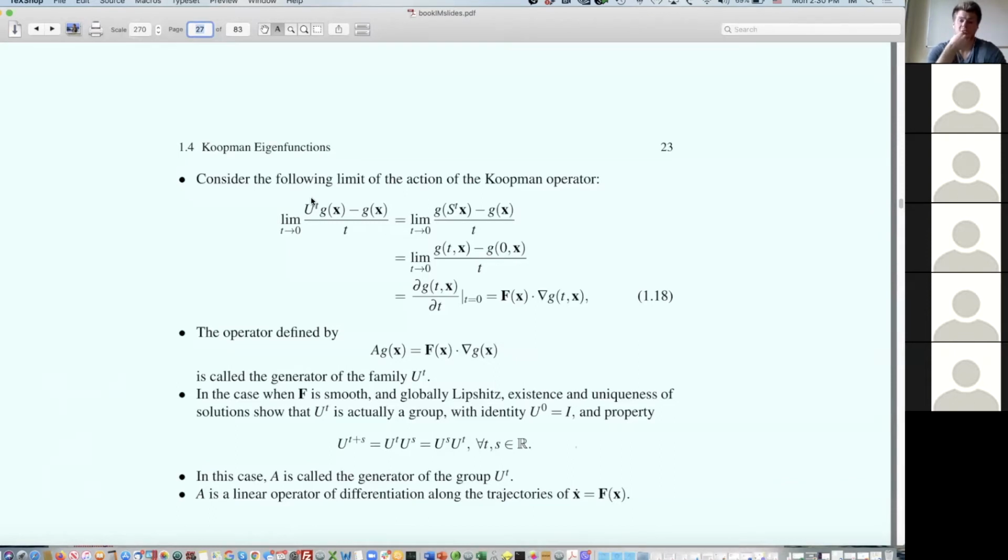You can even define it for control type systems in which from one point you can reach a set rather than just a single point. So it's really useful to think at this level.